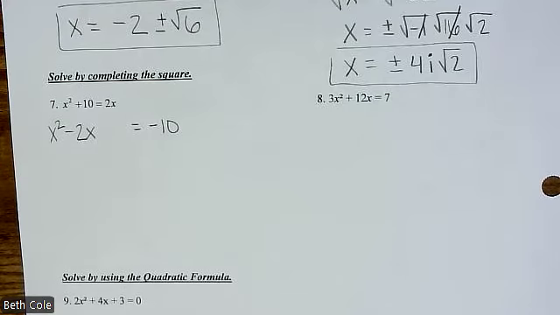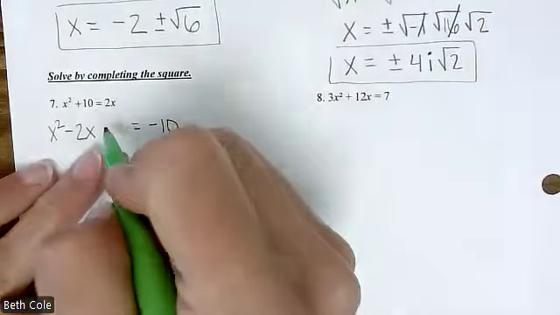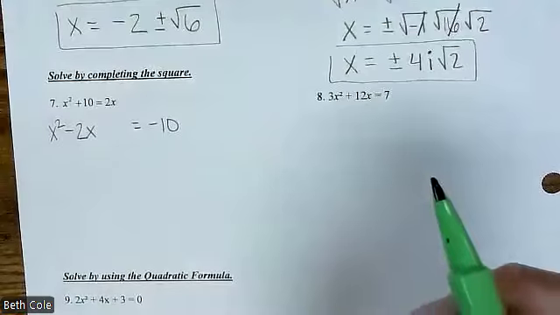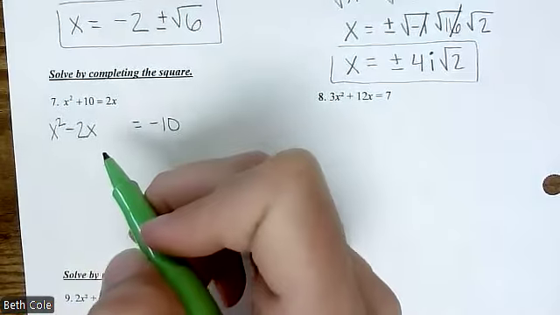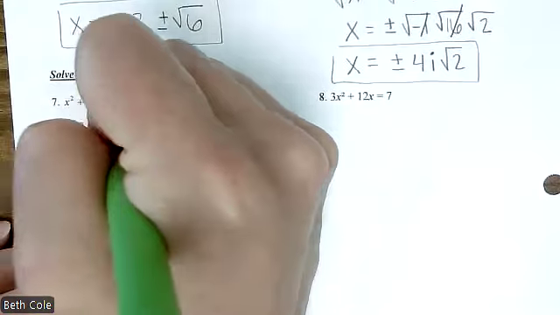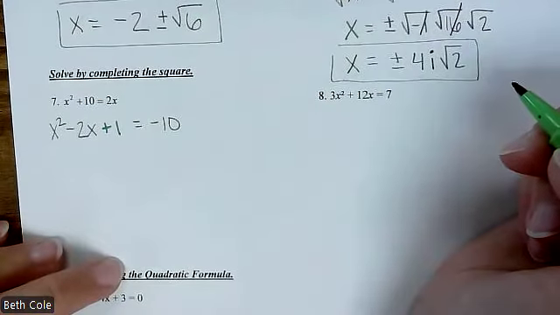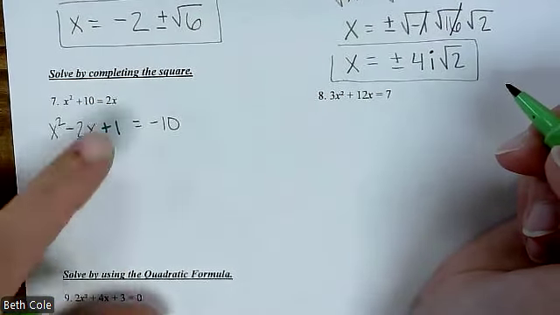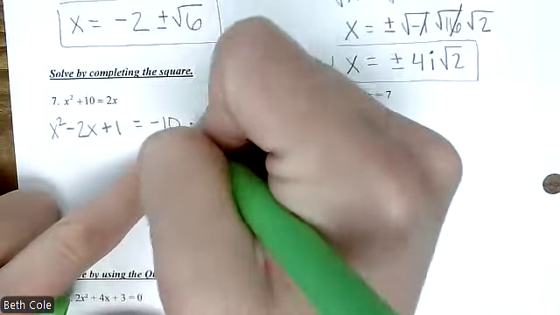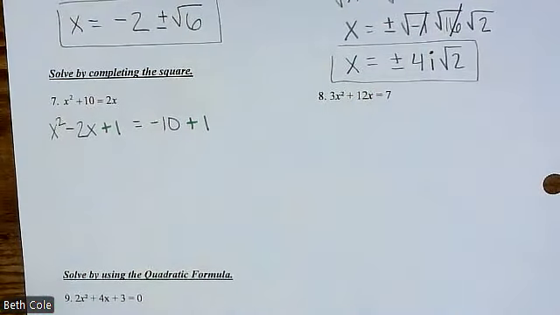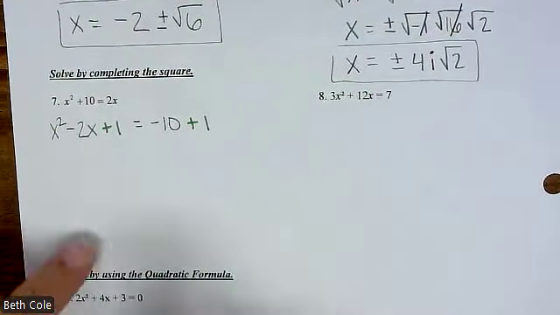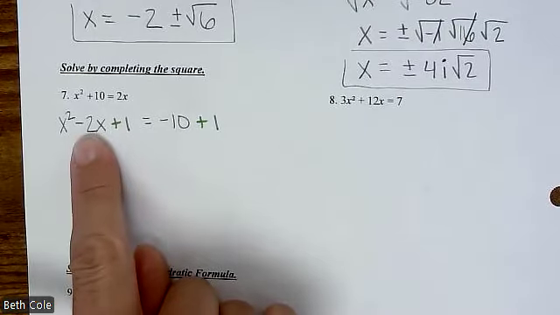Okay. Now here's where you complete the square. What is going to get added on here to complete the square? Good. 1 is a tricky number. It does mess people up because 1 squared is 1. Now, if you add that to the left side, you have to add it to the right side. You take 2, divide it by 2, and square it.